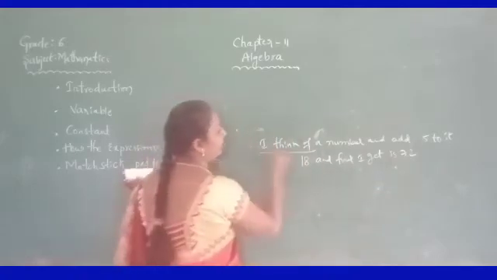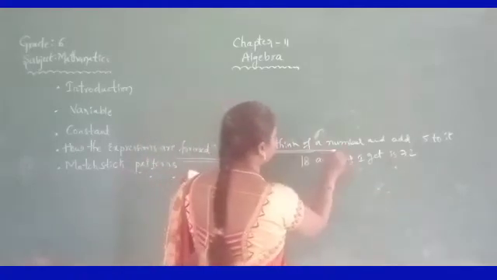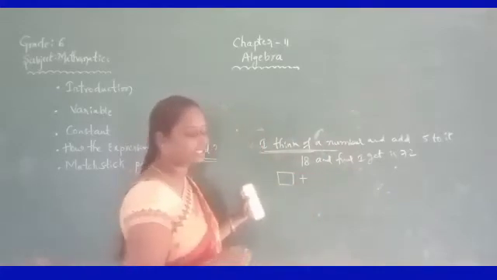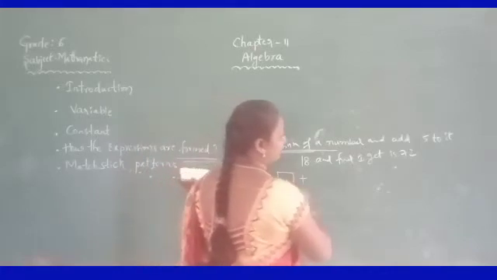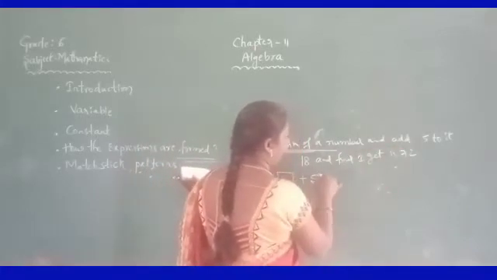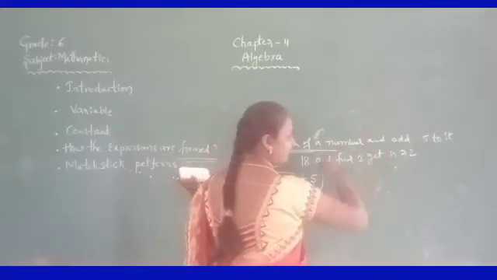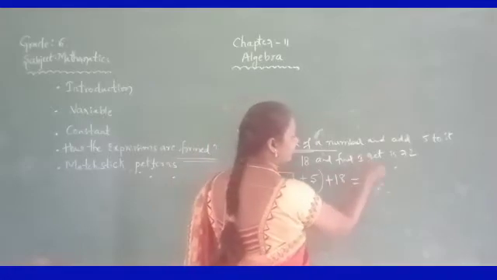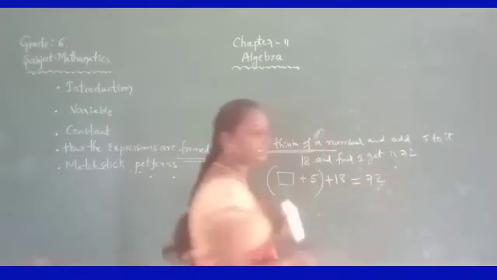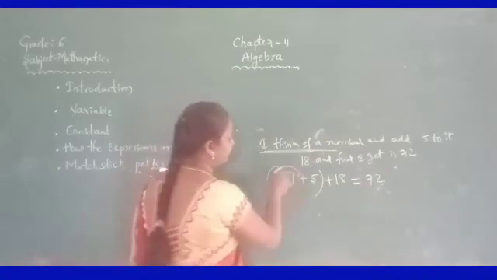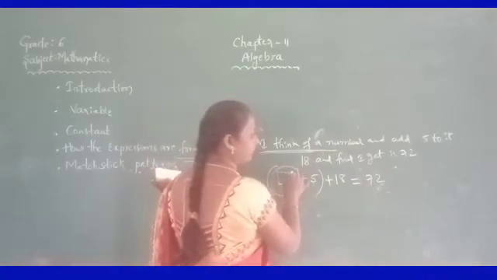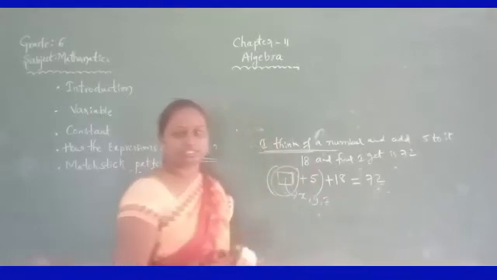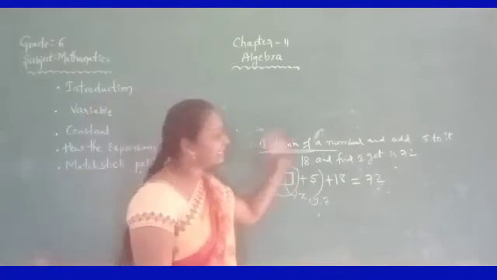Do you know which number I thought of? For that number I used a symbol. I think of a number, to that number I added 5, and to that result I added 18. Finally I get the result 72. In algebra, instead of this symbol, we can use variables.